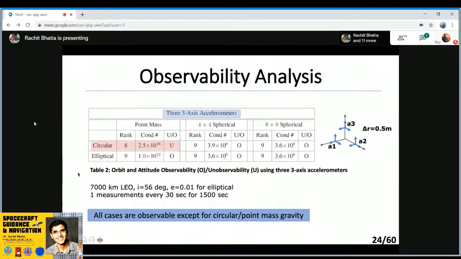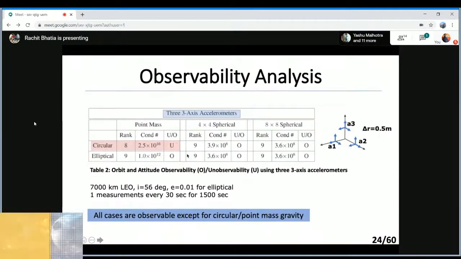So we cannot observe all the states when it is in this configuration, which is good to know, because first of all, it will never be point mass, and then we can configure our system based on this result.